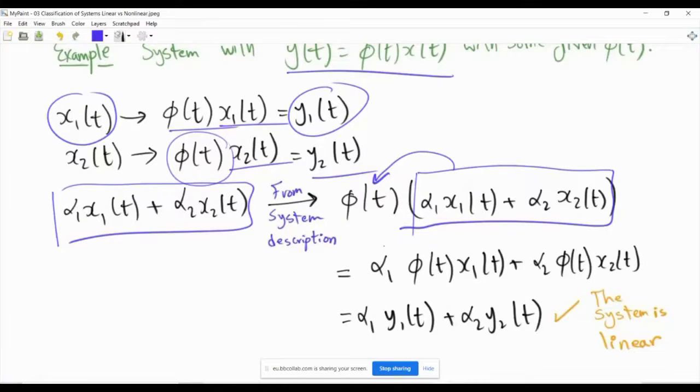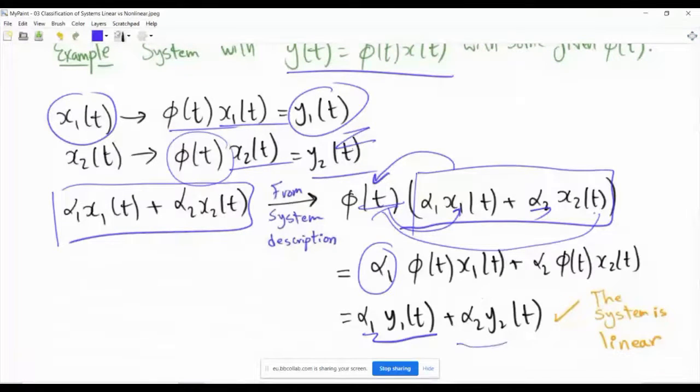Now you can write this output as alpha 1 phi of t x1 of t plus alpha 2 phi of t x2 of t, which is alpha 1 y1 of t plus alpha 2 y2 of t. So the linear combination applied to the inputs is here applied to the respective outputs. That's the test of linearity.